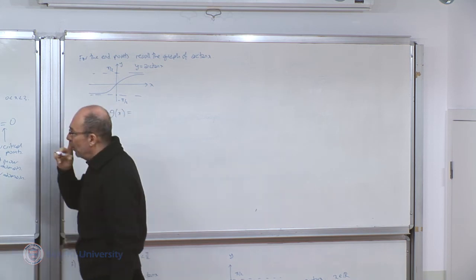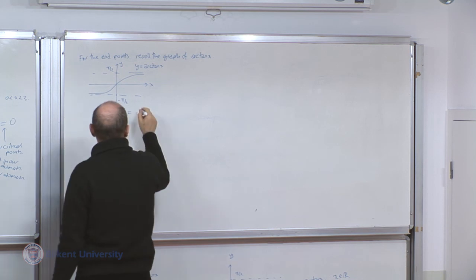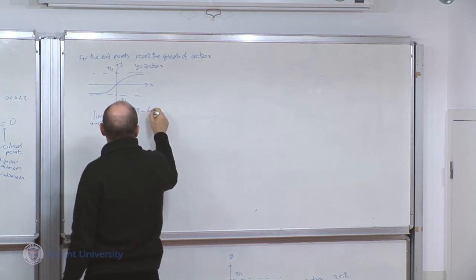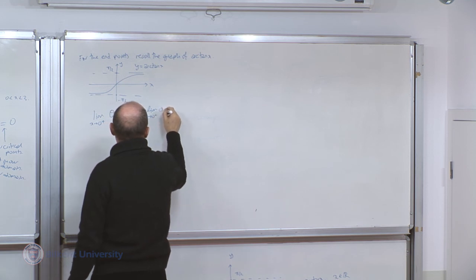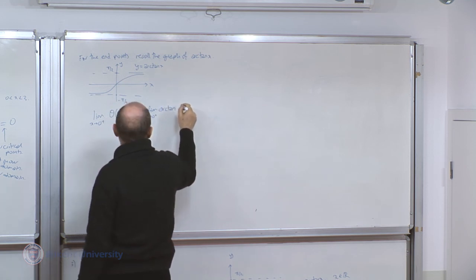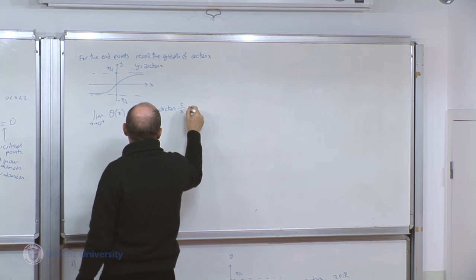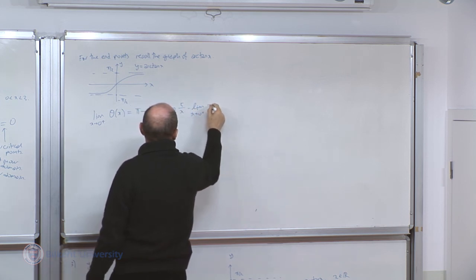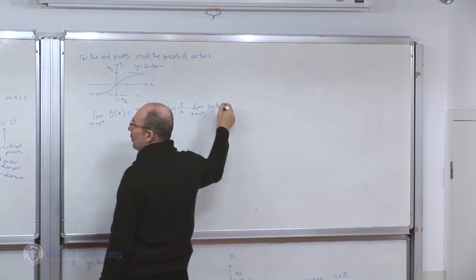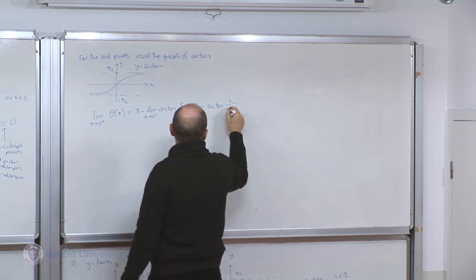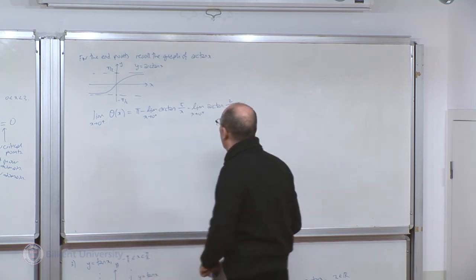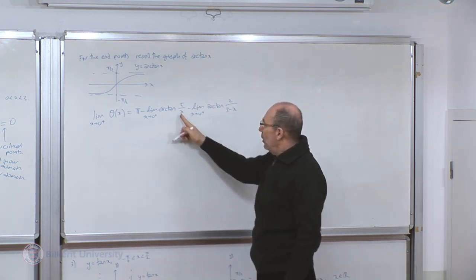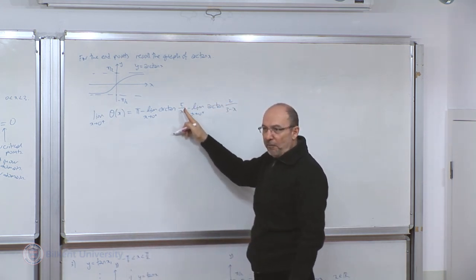Okay. So what was the formula? So this is pi minus the limit as x goes to 0 of arctangent 5 over x, minus the limit as x goes to 0 of arctangent 2 over 3 minus x. Okay, so now this is becoming infinite.